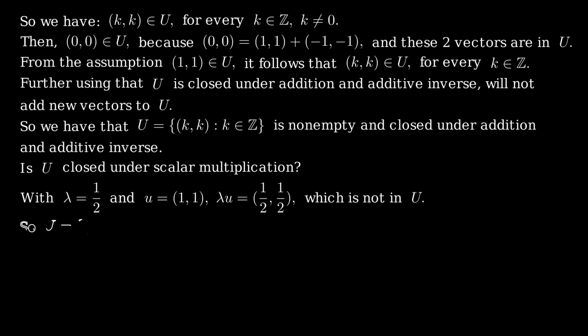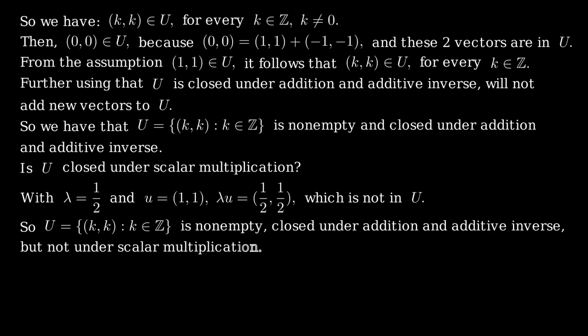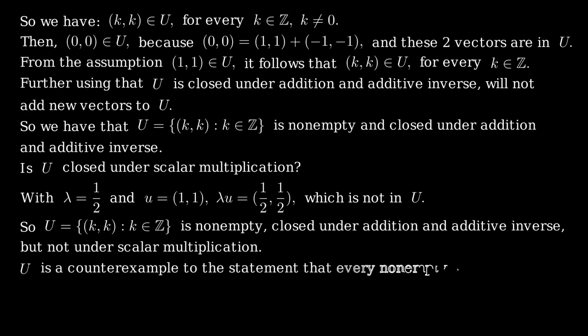So U is a non-empty subset of R square that is closed under addition and additive inverse, but not under scalar multiplication. This makes U a counterexample to the statement that every non-empty subset U of R square that is closed under addition and additive inverse is then a subspace of R square.